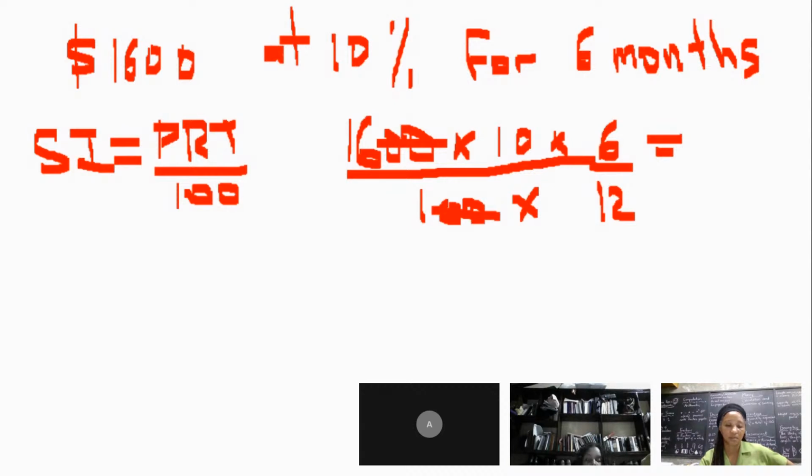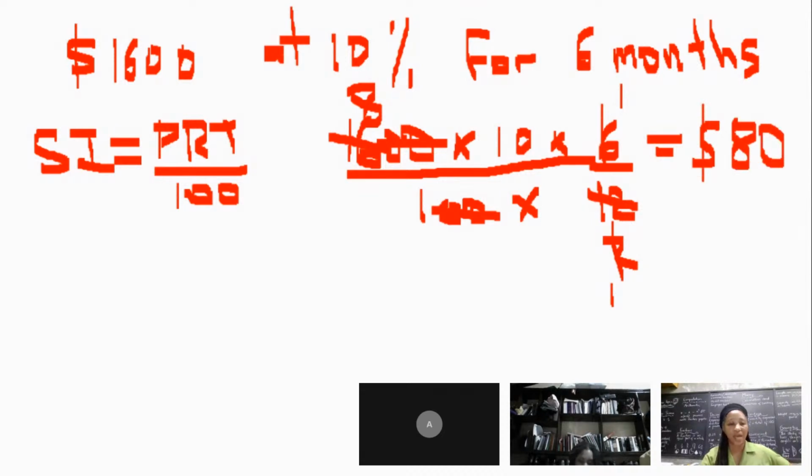And 6 into 12 goes 2 times, Miss. 2 into 16, it's easier to do 2 into 16. 8. All right, so how much money is the interest? Yes, Miss, $80.